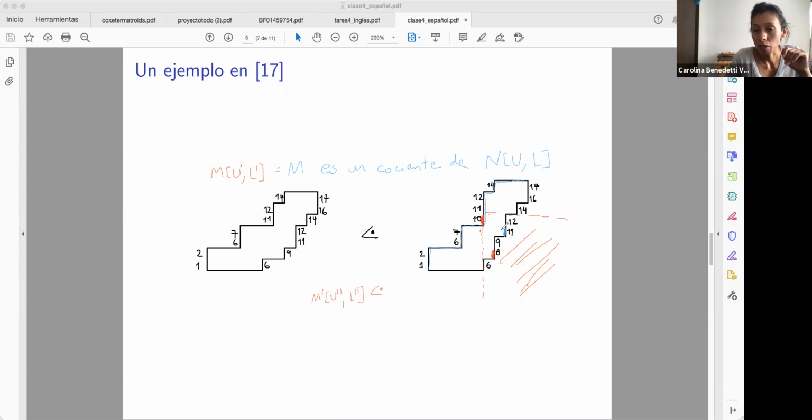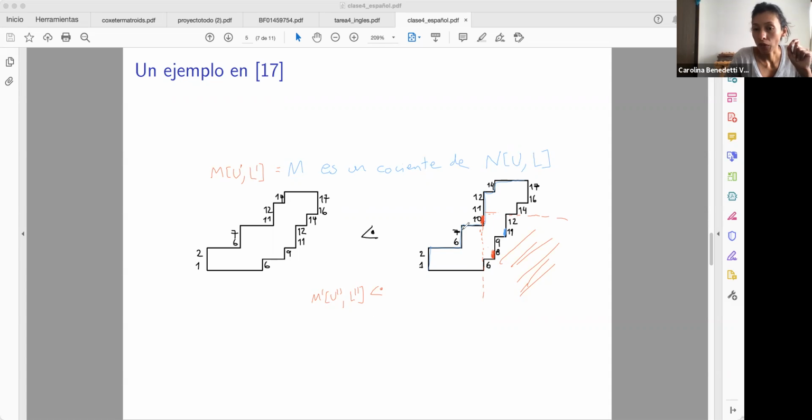That is also an admissible pair that you can delete in order to produce a quotient. So you see that in this case, the label 10 provides you 1, 2, 3, 4, 5 different matrices that are a quotient of N.